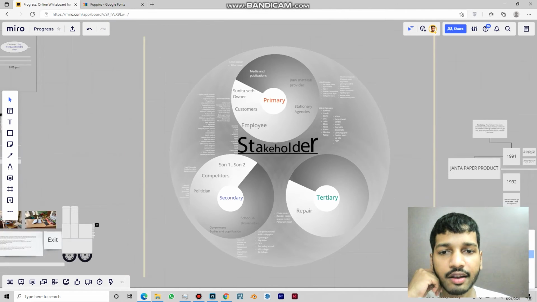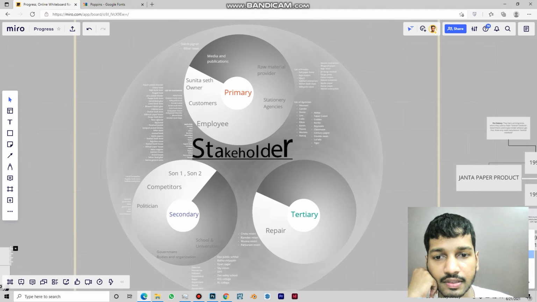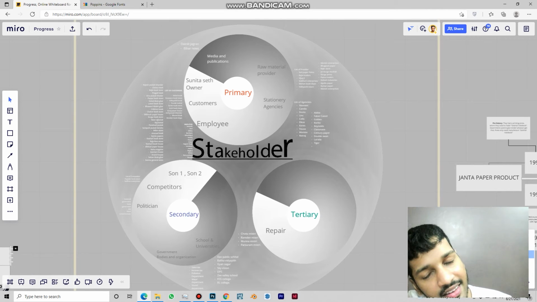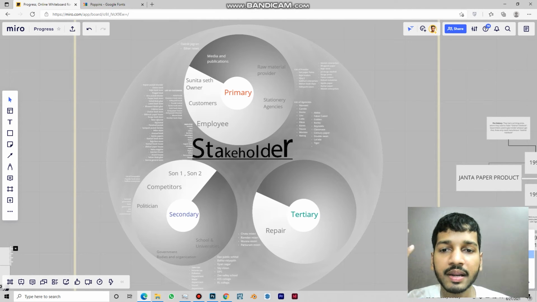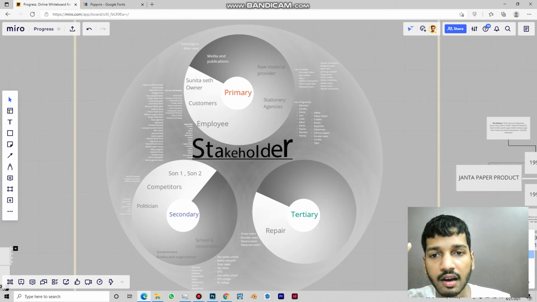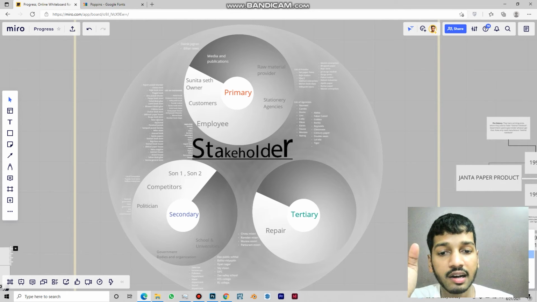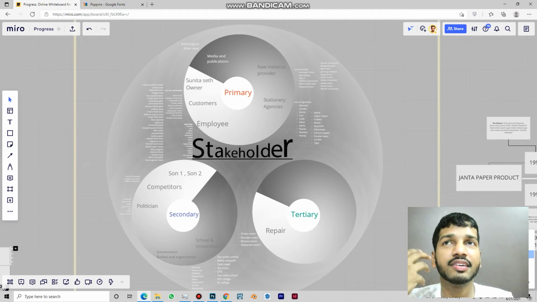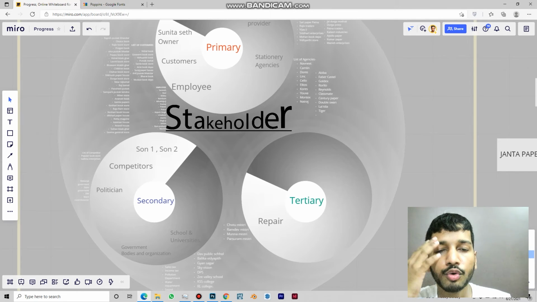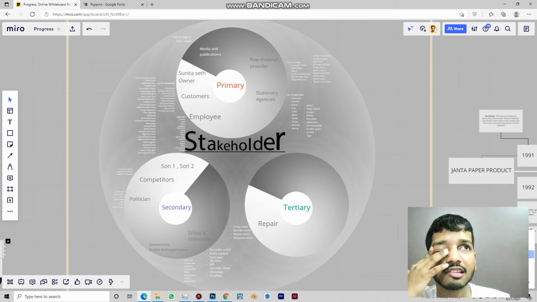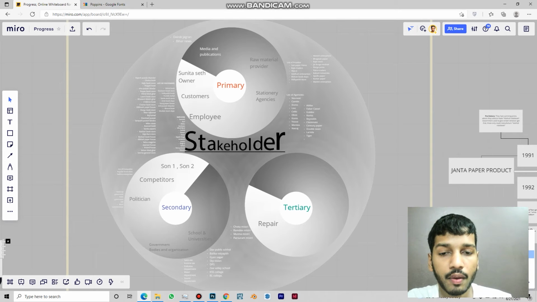So this is a stakeholder mapping. I made it primary, secondary, tertiary on the basis that the primary are those without whom this business can't run at all. The tertiary are short-term people, within 6 months or so, which is not important, especially since they have different options.